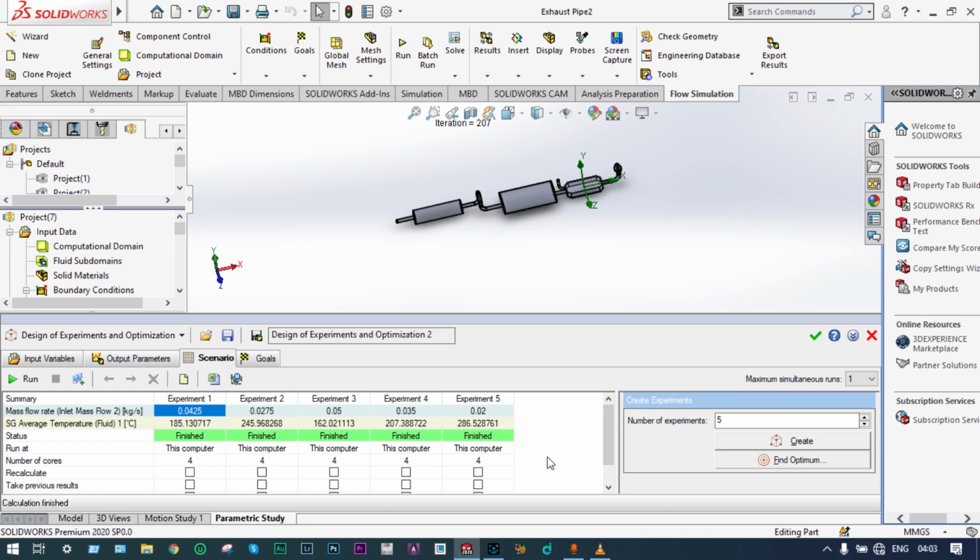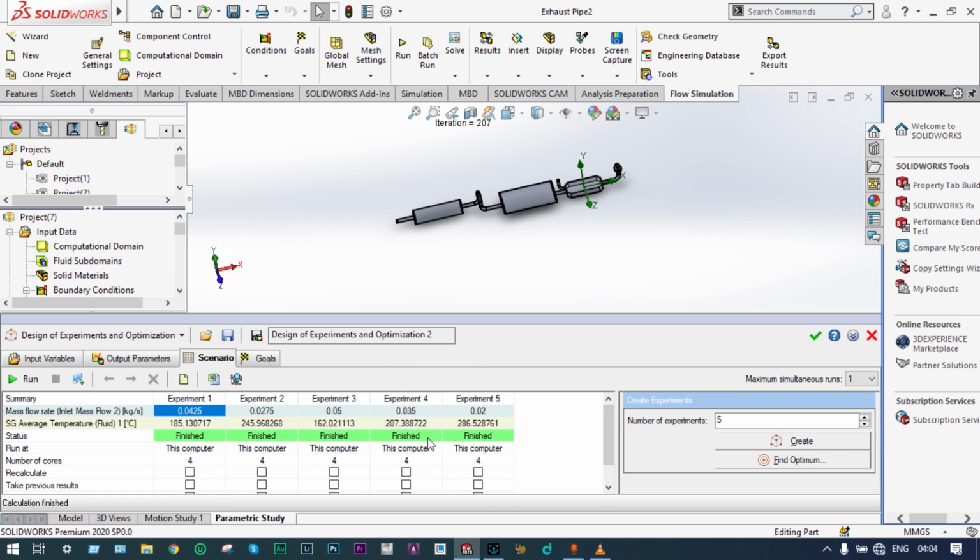From these experimental results, it is clear that when the mass flow rate of air is very high, the exit temperature of exhaust gas is less. We have planned to get the exit temperature to be 200 degrees centigrade. For that, we have to specify the range for final optimization. From this data, we can see that the temperature of exhaust gas should be 200 degrees centigrade with a specific mass flow rate of 0.035 to 0.04 kg per second.